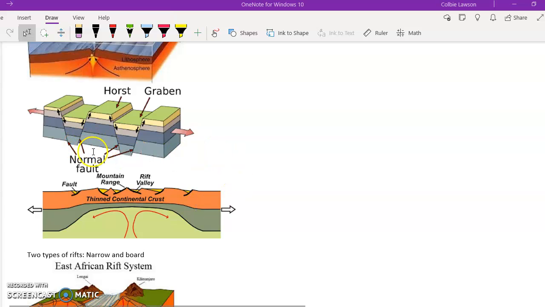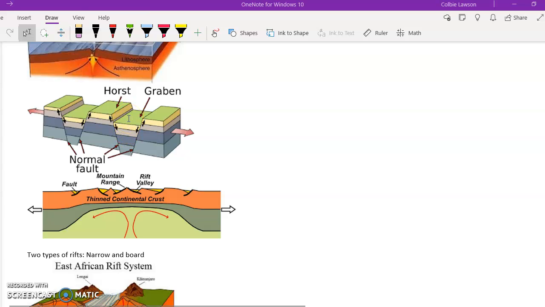And with these normal faults, there are normally these keystone shaped blocks of crust that downdrop, known as grabens, which is right here. And then the shoulders of the graben are called horsts, which is here. So this is a horst, and that's the graben in the middle.